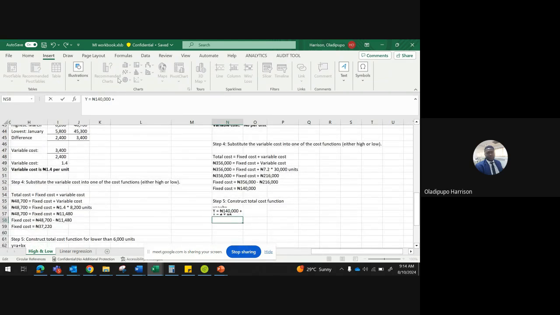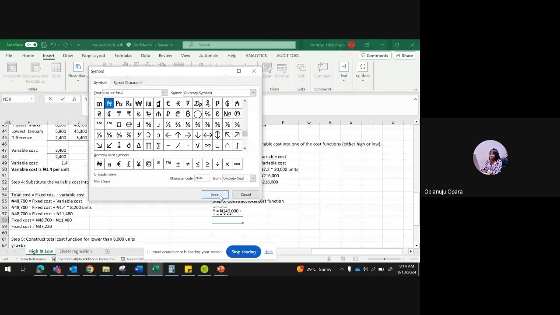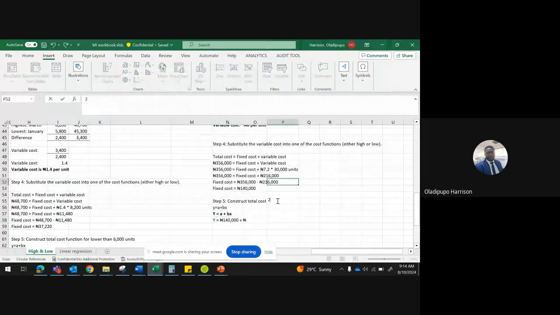So that will be 140 plus 7.2x. Okay, so this is a total cost function.